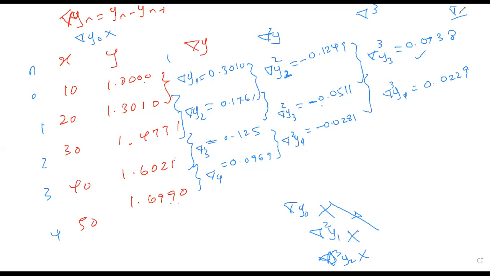Okay, what about the nabla 4? So nabla 4 should be y4, no? y4 is equal to, okay, good. 0.0508. Okay. Is that 9 or 8? Anyway, no problem.